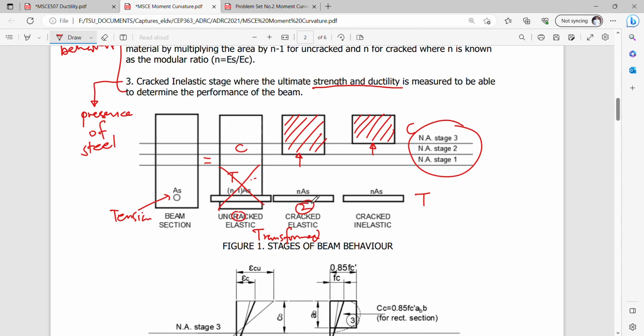As soon as the steel yields or exceeds yielding, then this stage will give you an inelastic distribution of forces, and by using the equilibrium condition, balancing the effect of your compression concrete and your tensile steel here, your neutral axis will be defined in terms of equilibrium, not in terms of the geometry of your section.